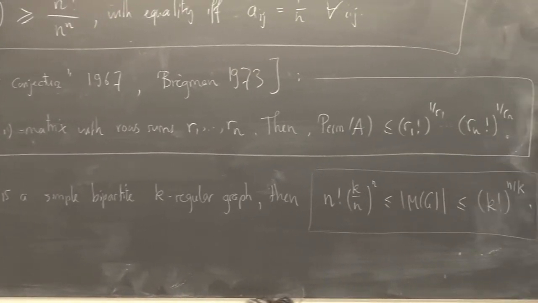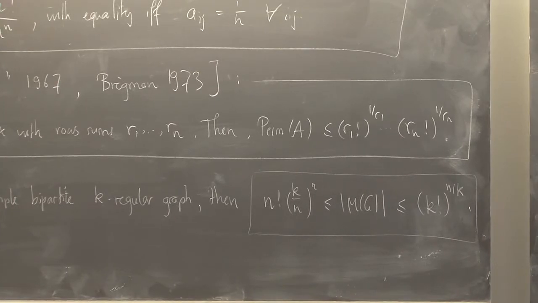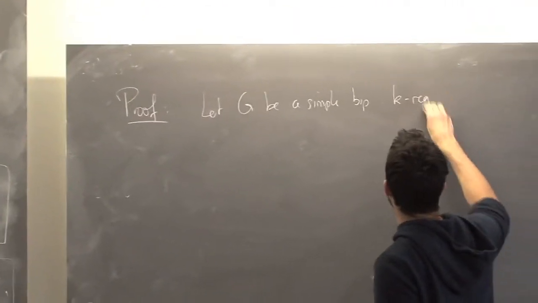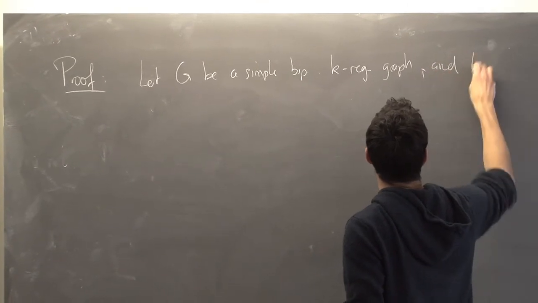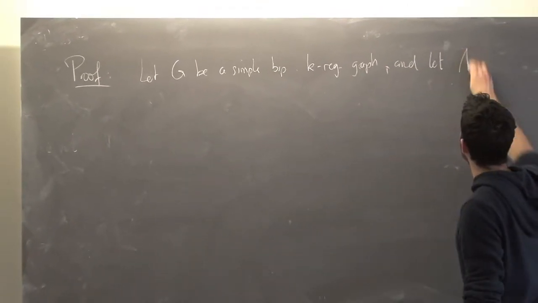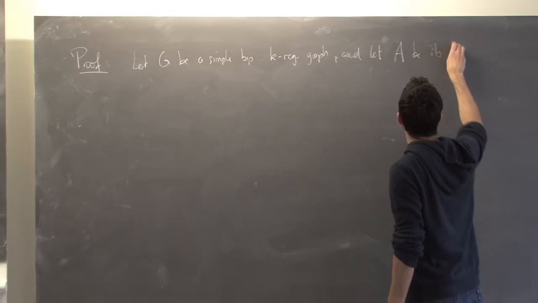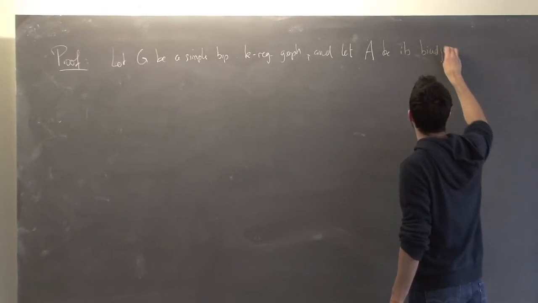Let's give the proof. Let G be a simple bipartite k-regular graph, and let A be its bi-adjacency matrix.